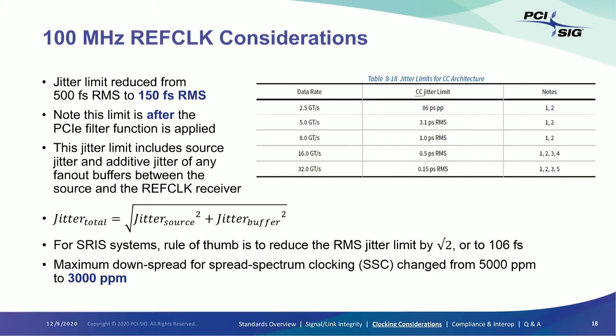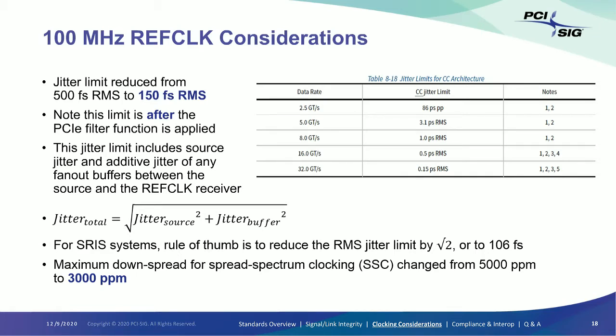But in an example such as the riser card, where maybe you only get one copy of the reference clock that's going across that connector interface, you might have multiple elements that you want to be common clocked and share that clock. So you're going to add a 1 to 4 or some higher fan-out buffer, and the additive jitter that that fan-out buffer creates needs to be considered to make sure that the jitter limit is still met at the reference clock receiver.